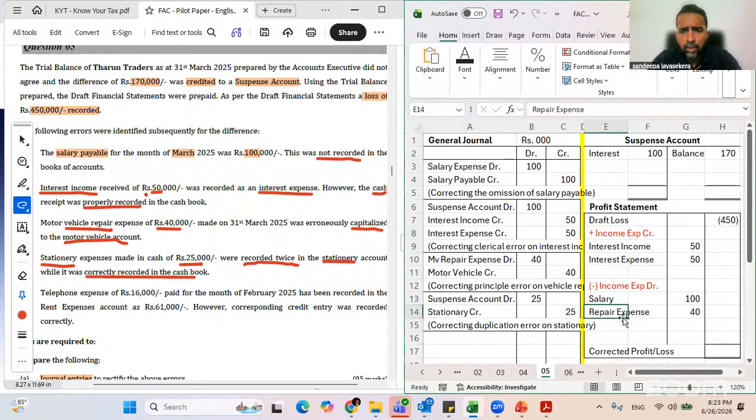It's 25. So then the suspense account gets debited, and stationery, 25. Stationery is an expense, credited. Credit means plus. Stationery is getting plus 25.